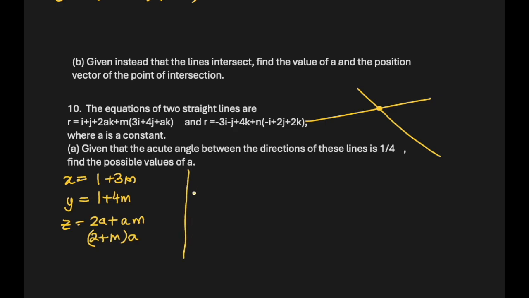Okay, now second, here x will be 3 minus n. Then y will be minus 1 plus 2n. Z, okay, 4 plus 2n.